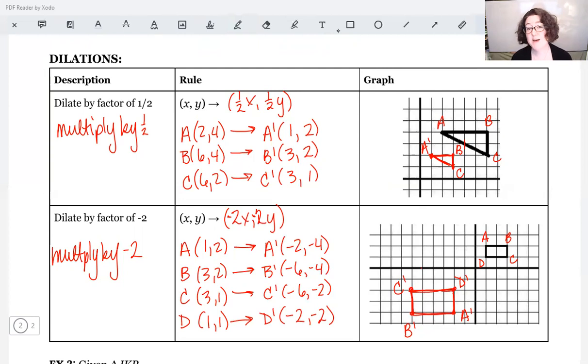Anytime you're dilating by a negative number, it's going to do the same thing as when we were reflecting in the origin, where everything gets flipped across to the other side of the graph. So let's actually apply several transformations to the same shape, and again, we'll see if our predictions come true.